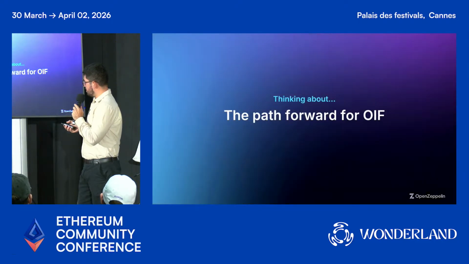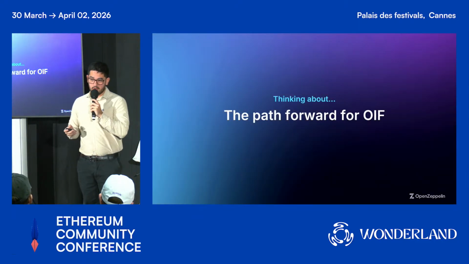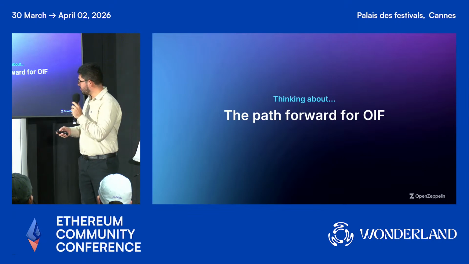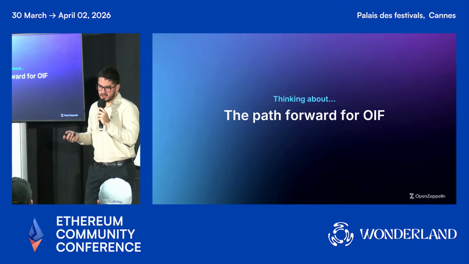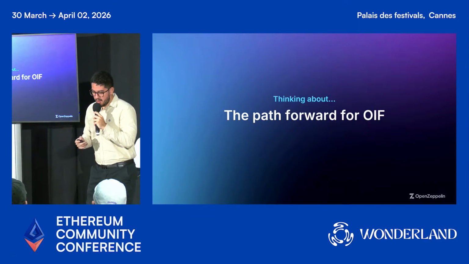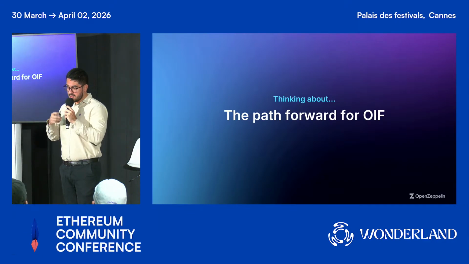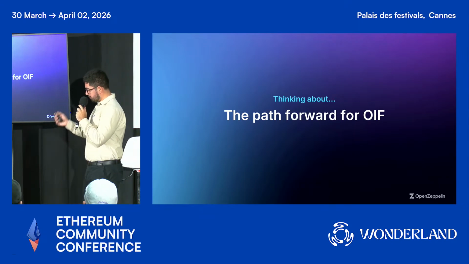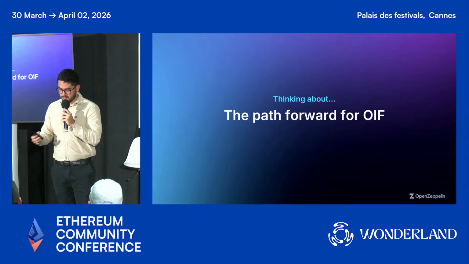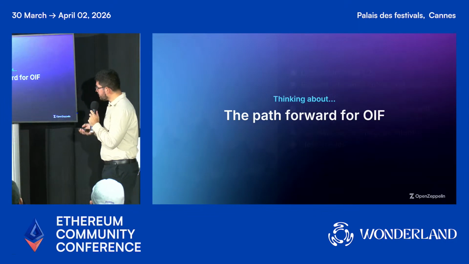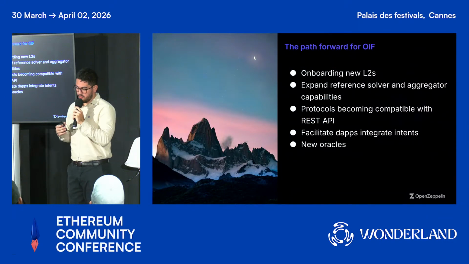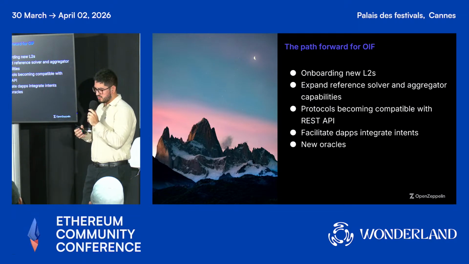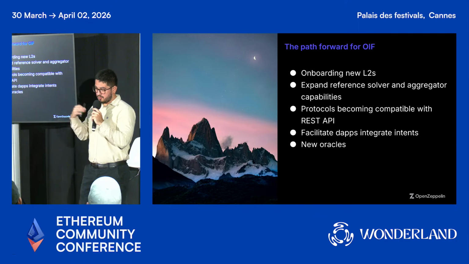Okay, so having said that, what does OIF really want right now, now that we have built all these components ready to use? Because all we have seen is infrastructure ready to use. We want more L2s, more rollups.